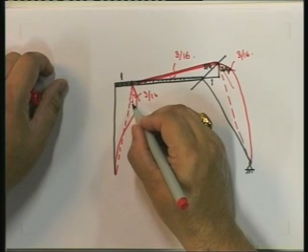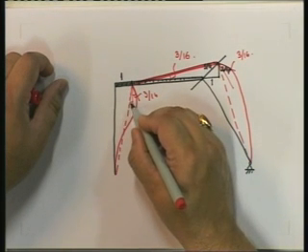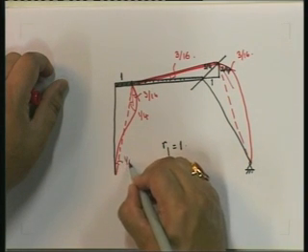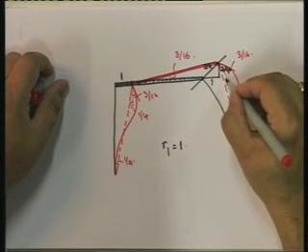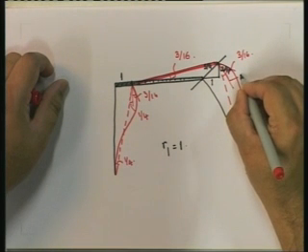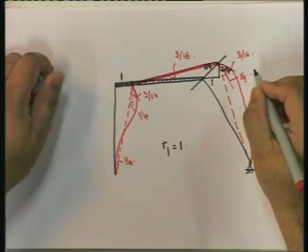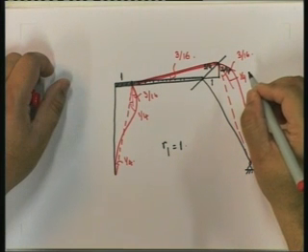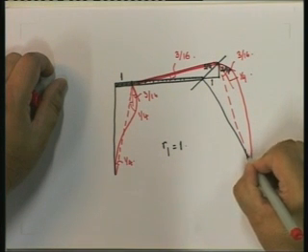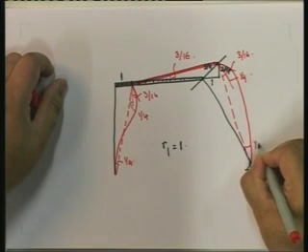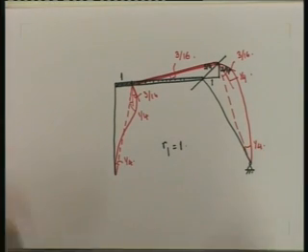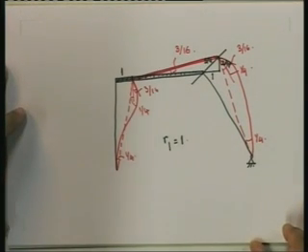Okay, so this angle, since this is 1 and this is 4, this is going to be 1 over 4, this is going to be 1 over 4, and this is going to be 1 over 4, 5 by 4 upon 5, because that is the length of the member, and so this here is going to be 1/4.